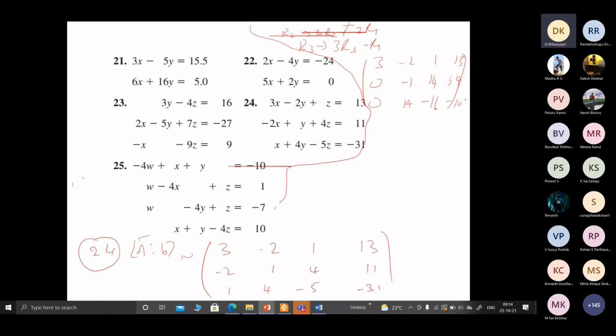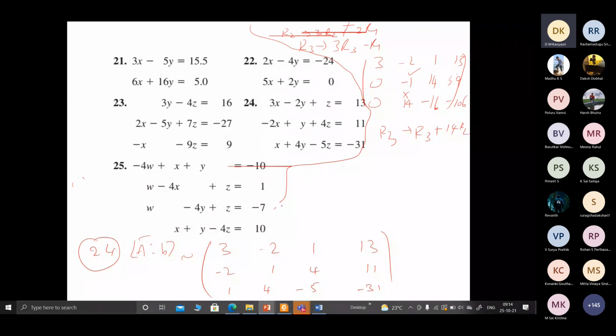If you make mistakes, you will not get it. Okay, please look at this. Is it okay now? Just check the entries. Now with the help of this, make this 0. How do you do? R3 becomes R3 plus 14 R2.